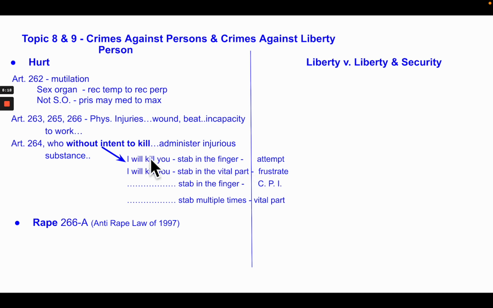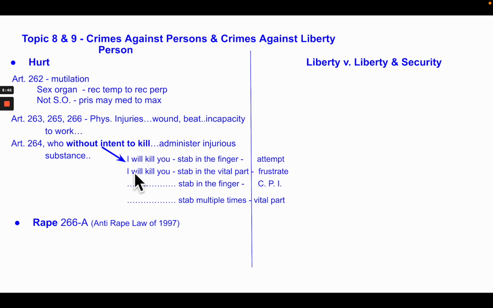I will kill you, that's the intention, and then he starts stabbing, but does not perform all acts of execution. How could he produce the felony of killing that person when only the finger was hit? So that is your attempted felony.